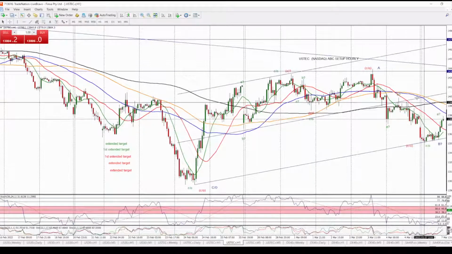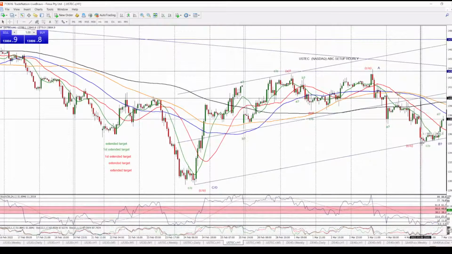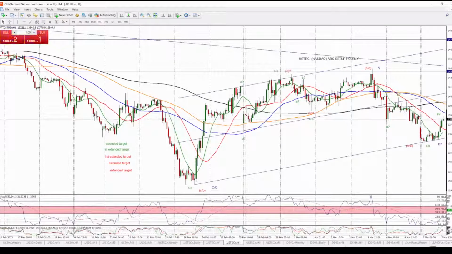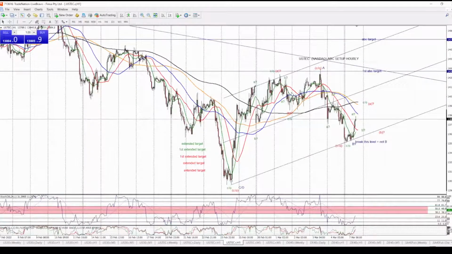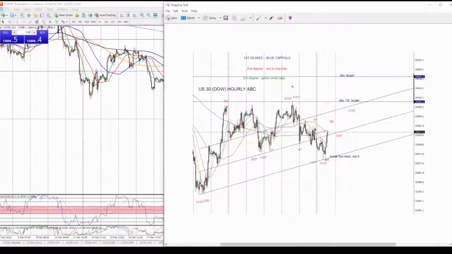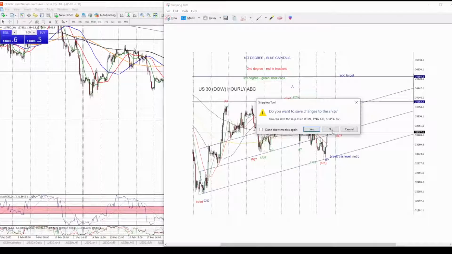Equal space from the middle line to the lower line, 531. Down a little bit. Get this off here.